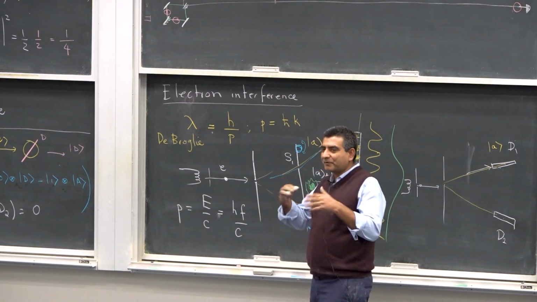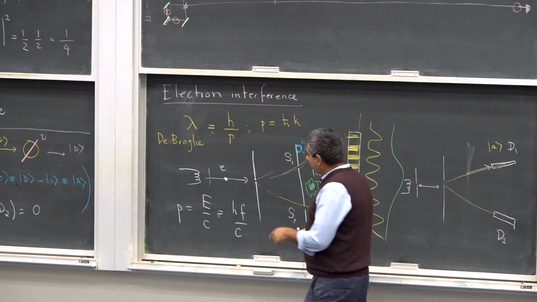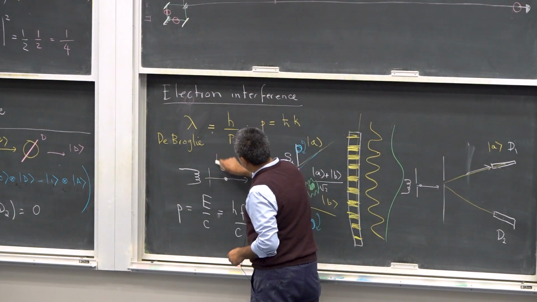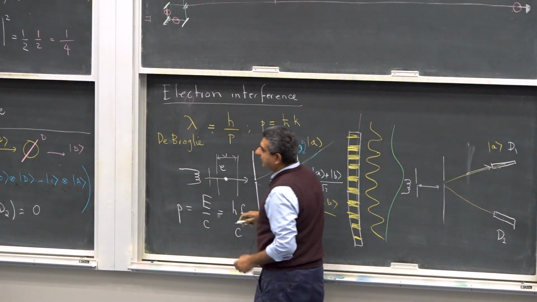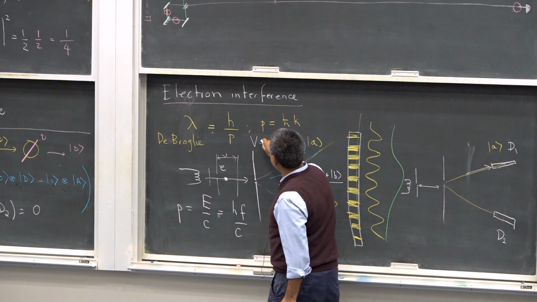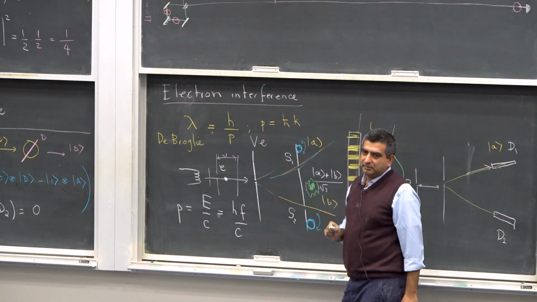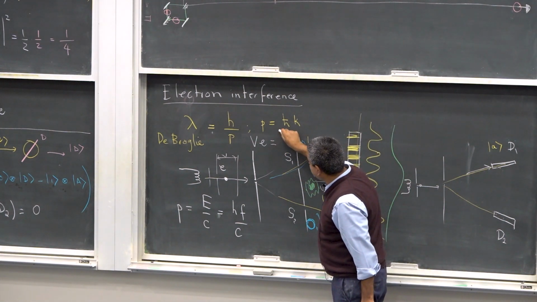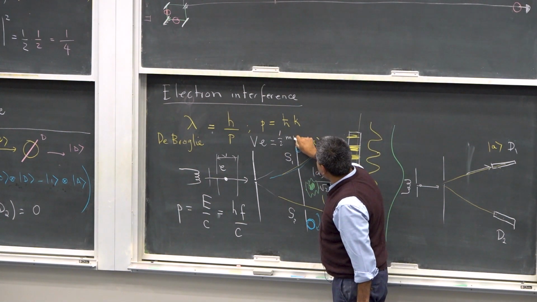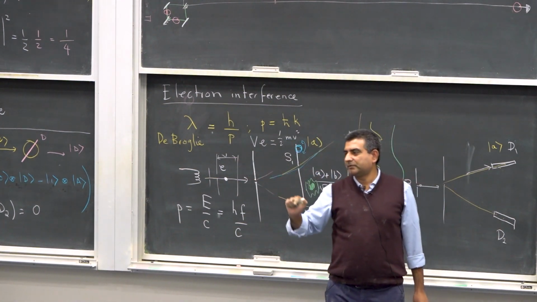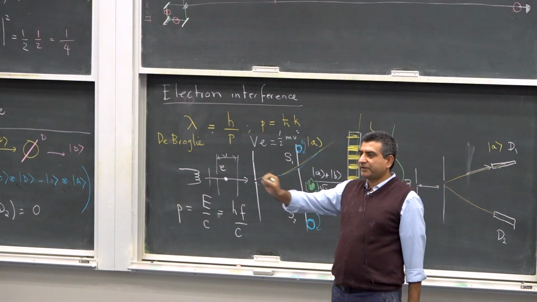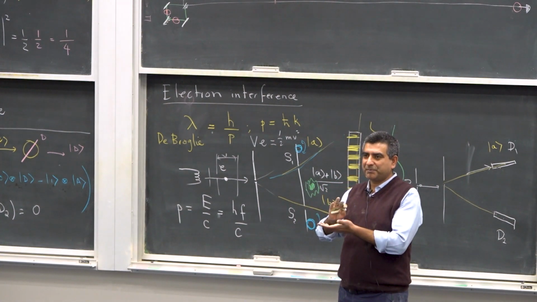I'm an experimentalist, so I always like to talk about how you do things. So this electron, if you pass this through a potential difference V, it accelerates. Its new energy becomes VE, and this equals half mv square. So you can find out the speed the electron takes. The electrons can have different speeds. So how do you select electrons of one speed?